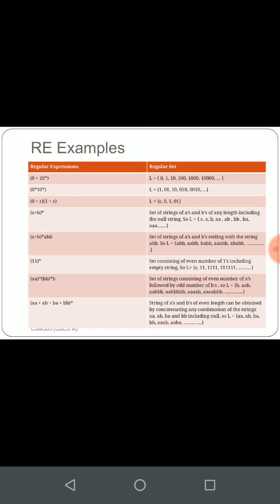Next is 0 plus epsilon into 1 plus epsilon. What is the meaning of this? Epsilon is the empty string, so it can be either 0 or null for the first, then 1 or null, right? Or 0, or 1, or 0 1, anything like this. So firstly it can be empty because we are picking up empty from the first 0 plus epsilon, and again we are picking up empty from 1 plus epsilon, so it will be empty.